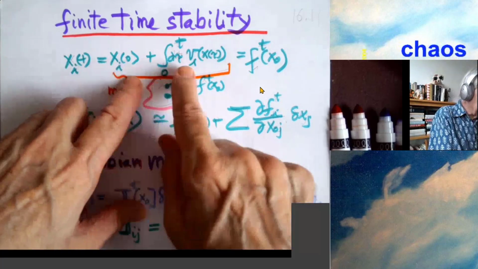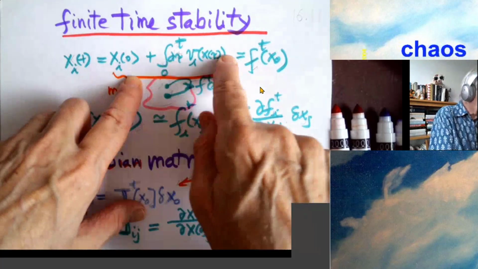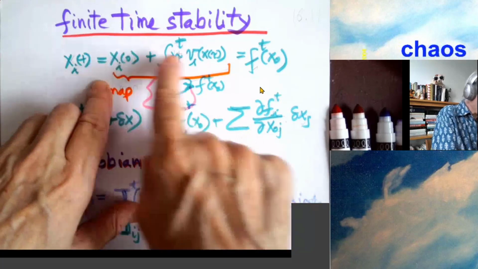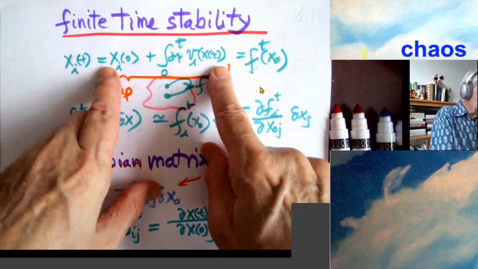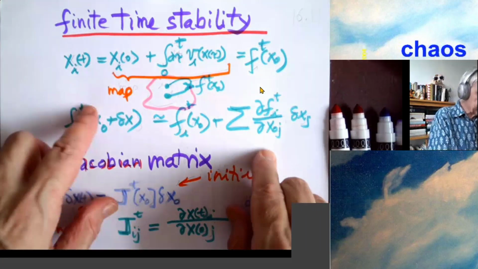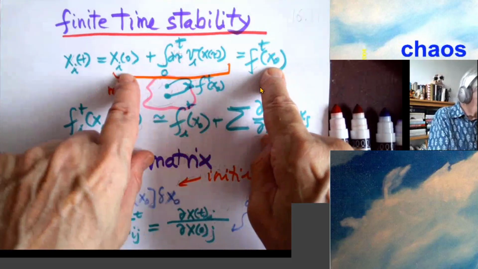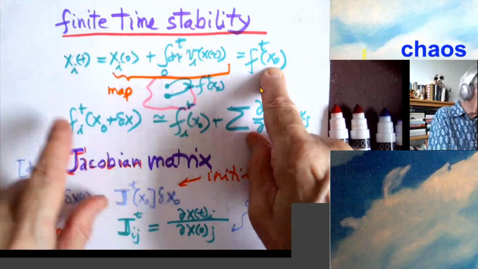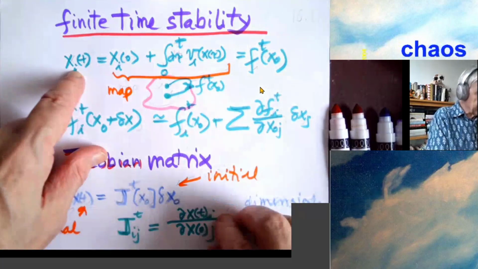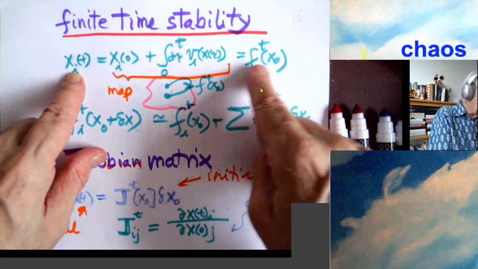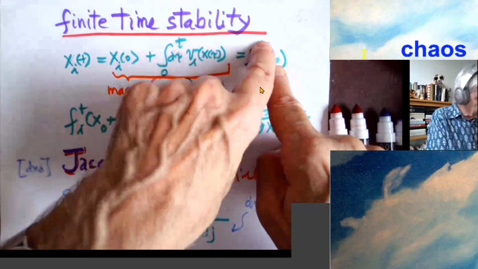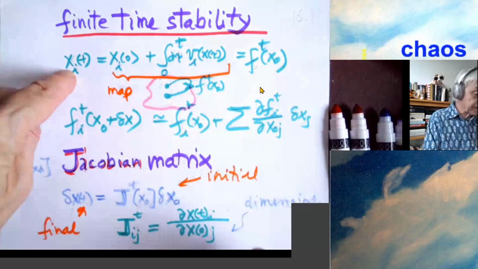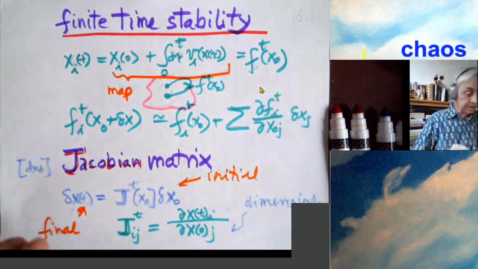This is done by integrating the velocity, adding it to initial condition. And the result is called the map. It says whenever I have initial condition and I integrate this velocity, I get a result. So it's a function of initial condition and integration time that gives me where I'm on trajectory. It maps me to that point.